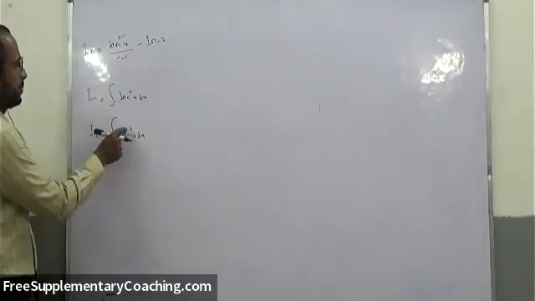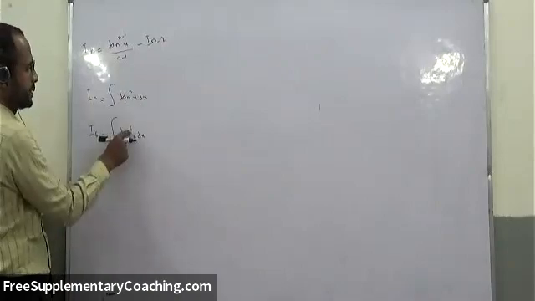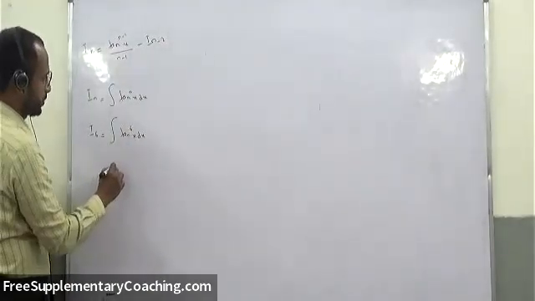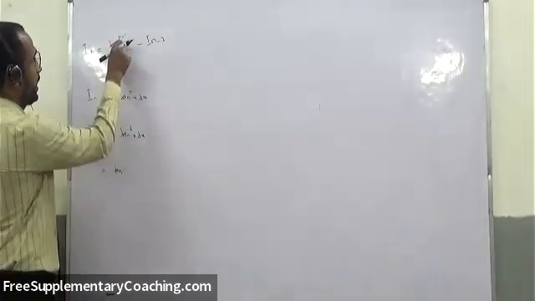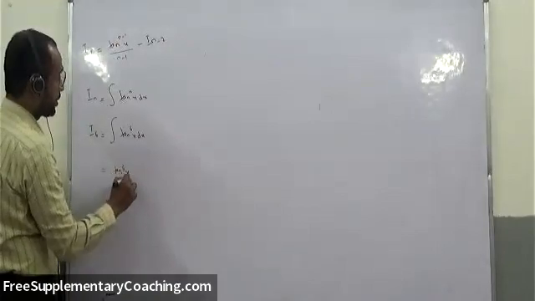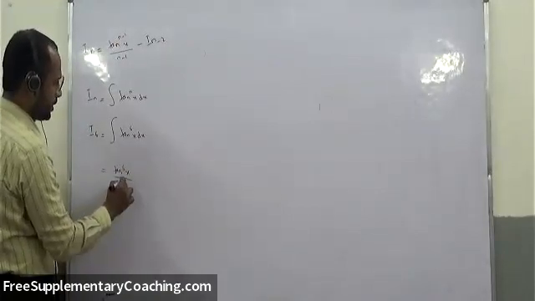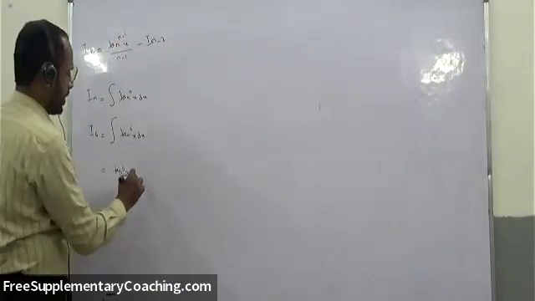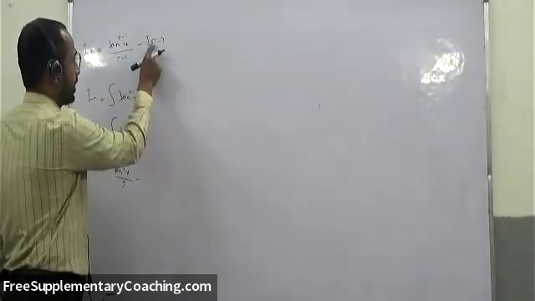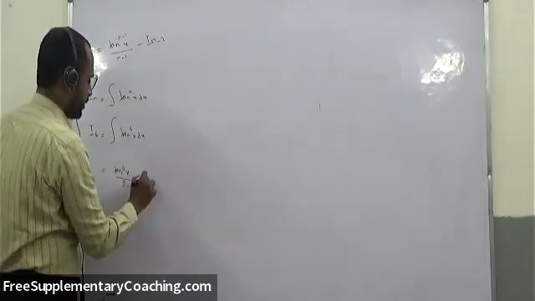Wherever you have n, first keep n equal to 6. So I can write tan^(n-1), that is 6 minus 1 is 5, x by 6 minus 1 is 5, minus I_(n-2), that is I_(6-2), which is I_4.